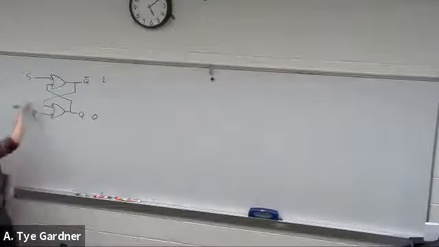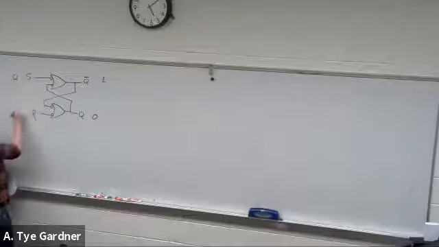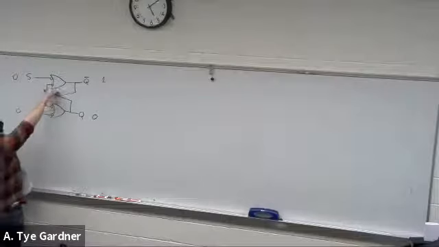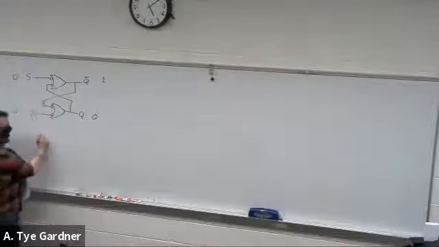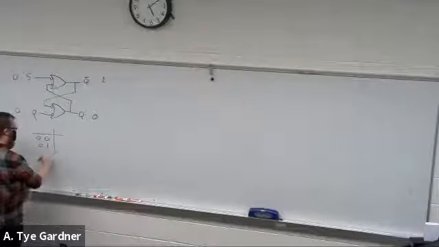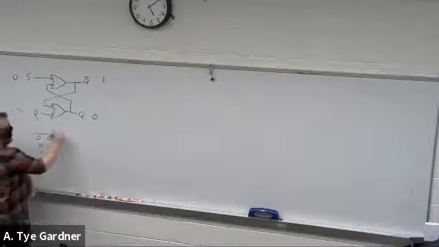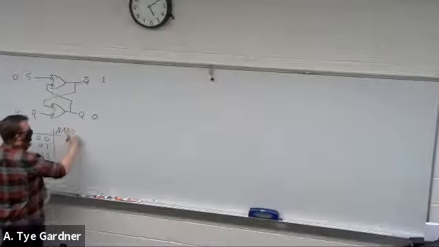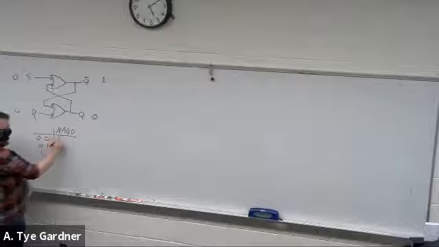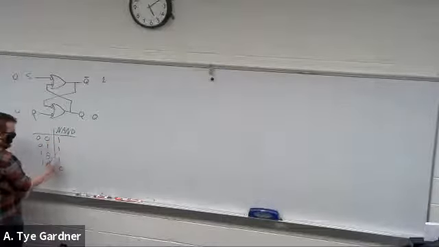Set is 0, reset is 0, and we have the truth table for a NAND gate. This is NAND, so AND would be 0, 0, 0, 1. NAND is 1, 1, 1, 0.